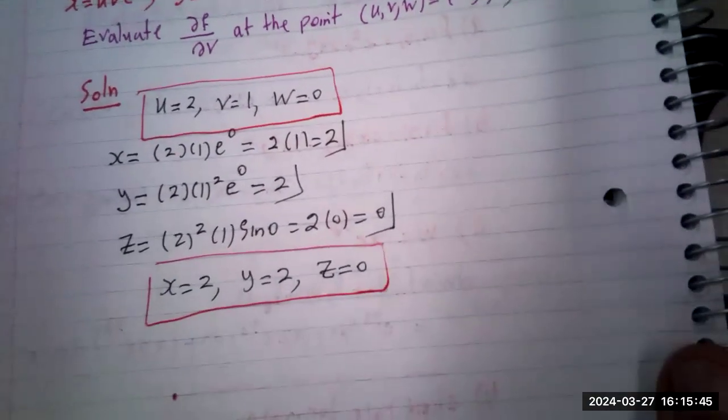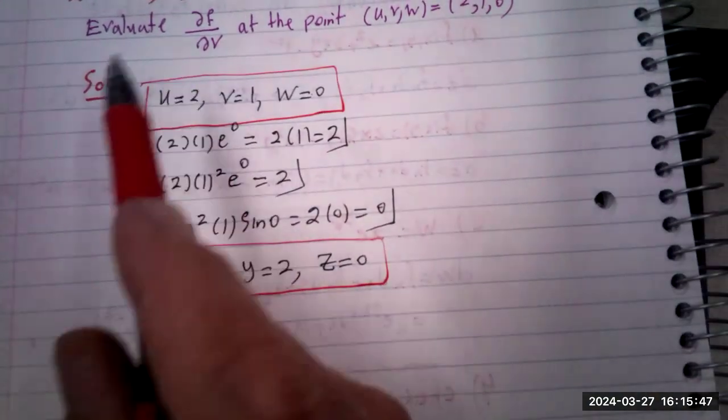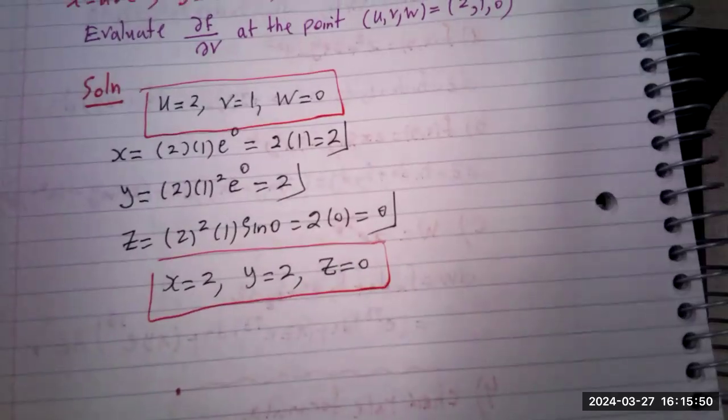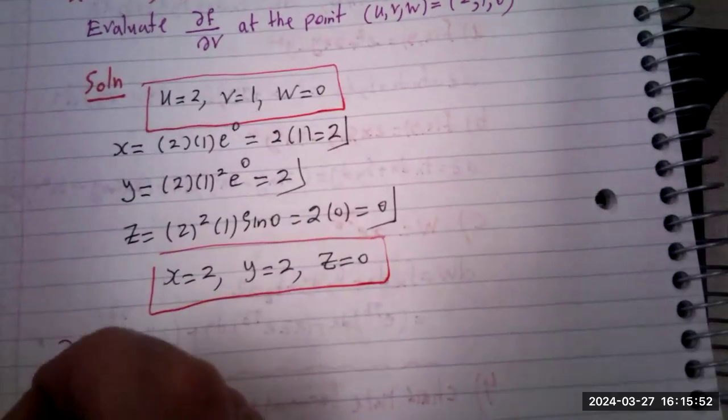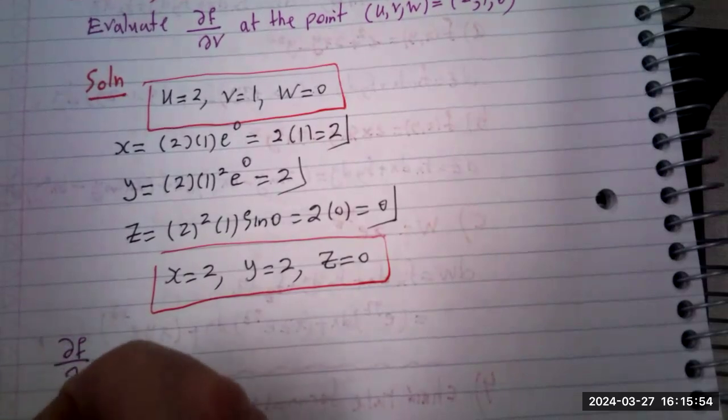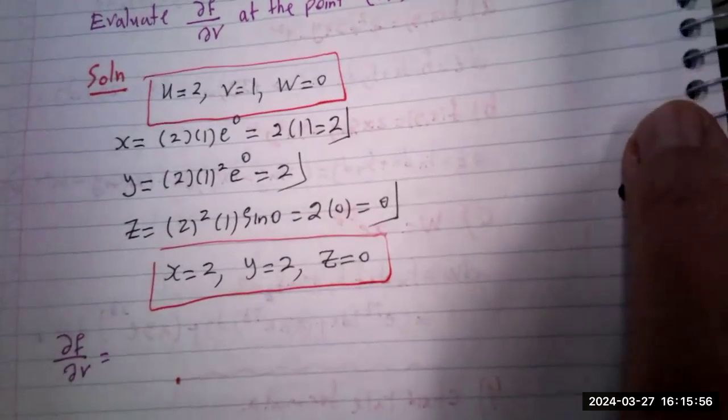Now we go for it. What do you want? Round f, round v. Get the formula first. Chain rule: do each variable one by one.